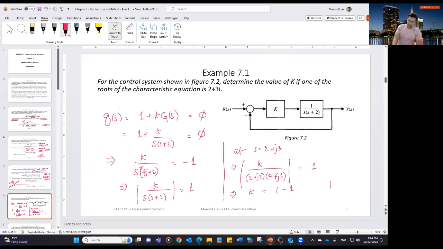Or you can just do the magnitudes individually, doesn't really matter. And 2 times j3 is 6, 4 times 3 is 12, 6 plus 12 is 18. So K will be equal to the magnitude of negative 1 plus j18. So anyone, what will be the magnitude of negative 1 plus j18?